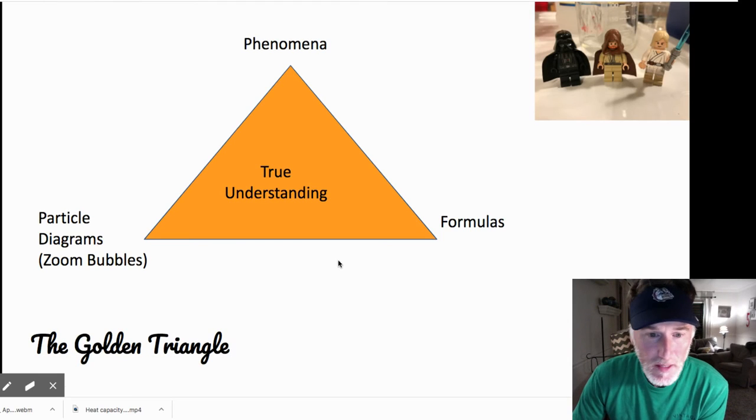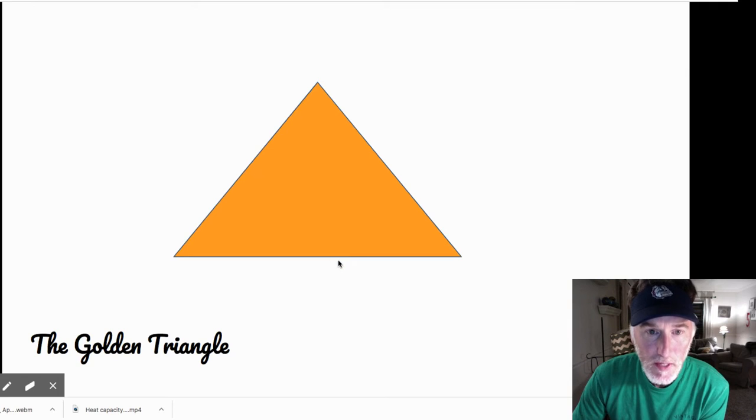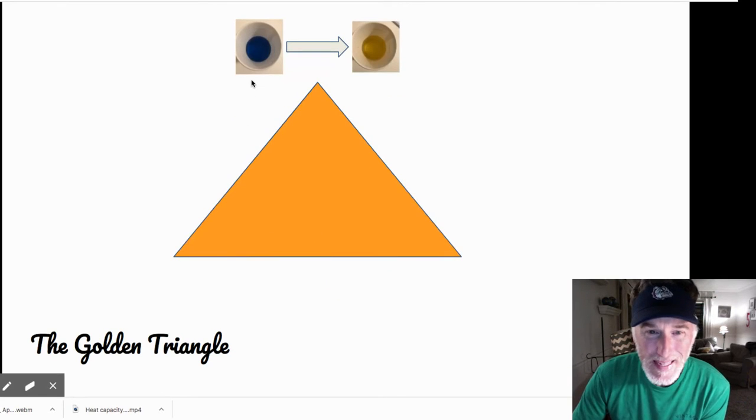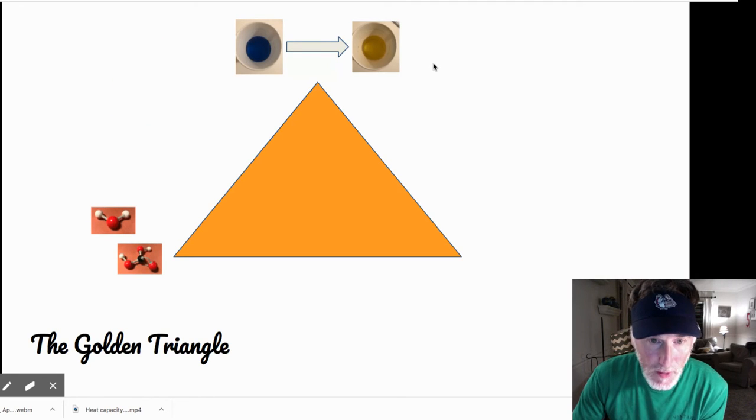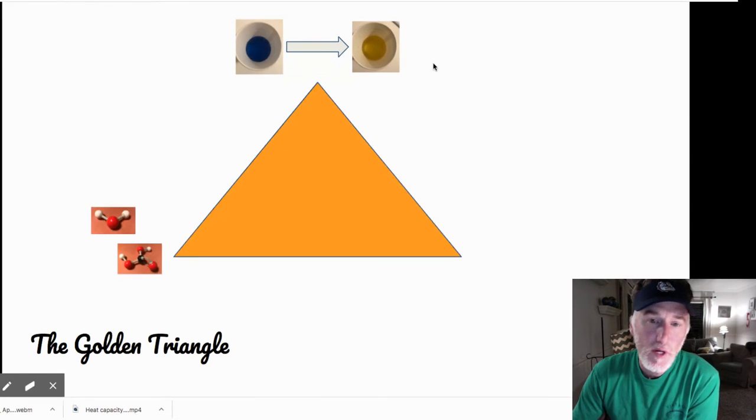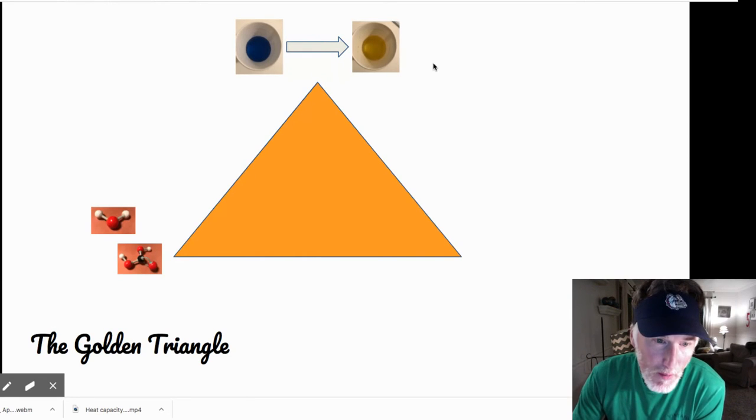Well, let's apply it to something that we looked at last week. We had a phenomenon that we witnessed in a video. We watched BTB go from blue to yellow when Ruby breathed into it. One thing that we're going to be able to do from that is start to apply or show particle diagrams or models.